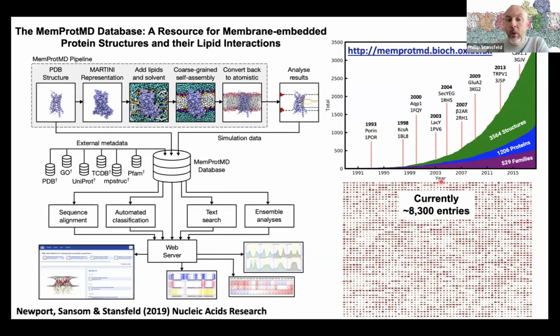And if I compare to when we published our paper only 6 years ago now, in terms of the number of structures, there's a great deal more membrane protein structures for us to work with. And this has been enhanced even further by the developments of AlphaFold and other similar tools. And therefore, we have pretty much every single membrane protein structure, at least a prediction, to build a bilayer around those protein structures.